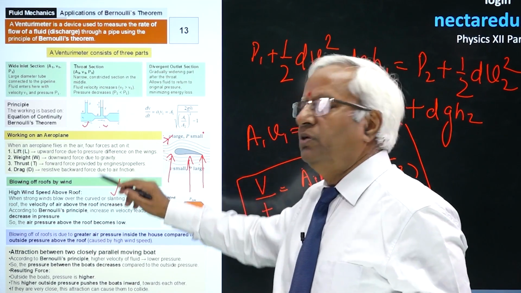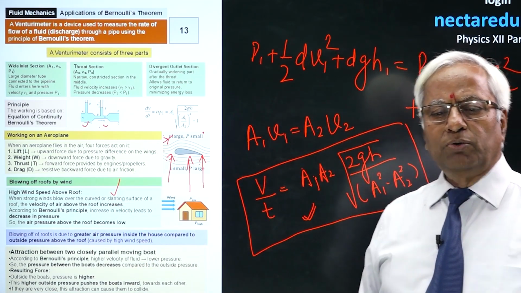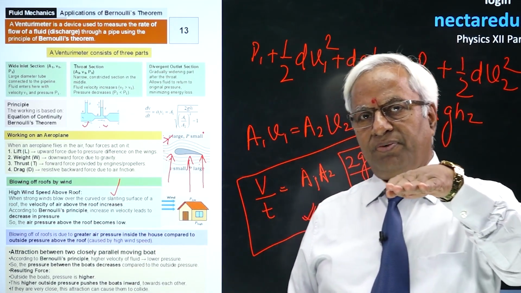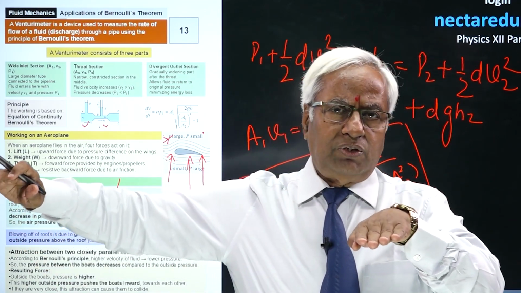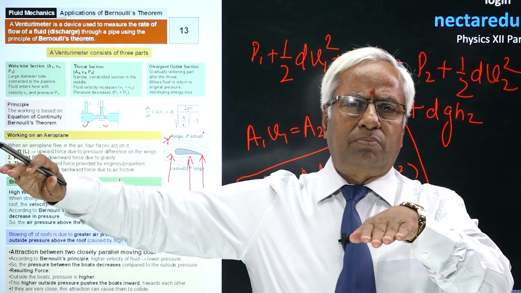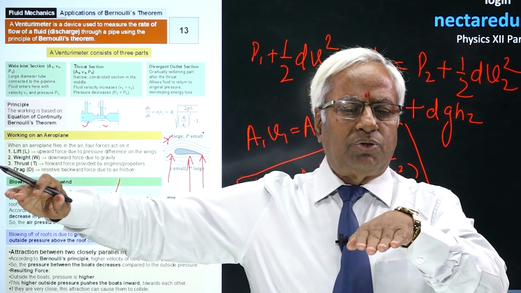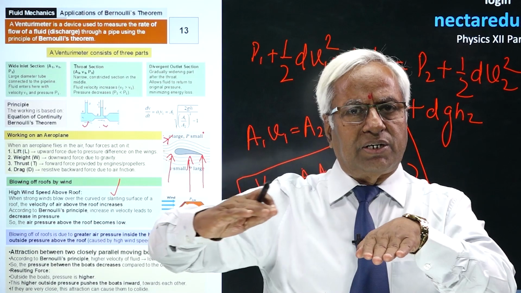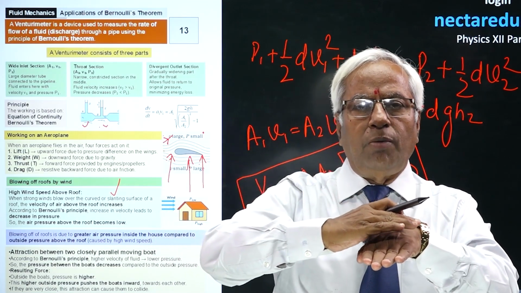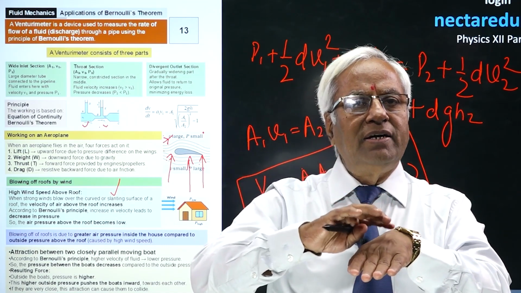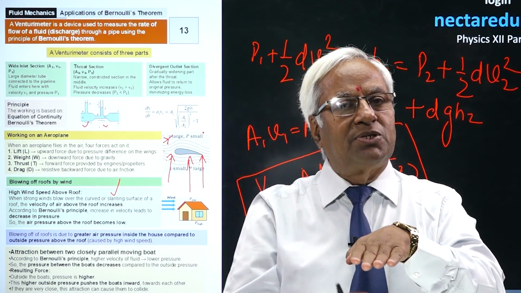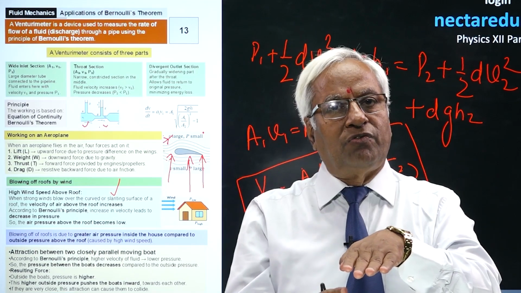Blowing of roofs by wind. Suppose this is a tin shed, and there is a storm, fast blowing wind. You see, when the speed is greater above the tin, obviously the pressure would be reduced over here. But you haven't disturbed the pressure inside the house, that is below the roof.